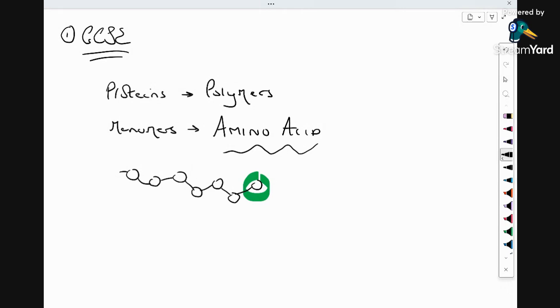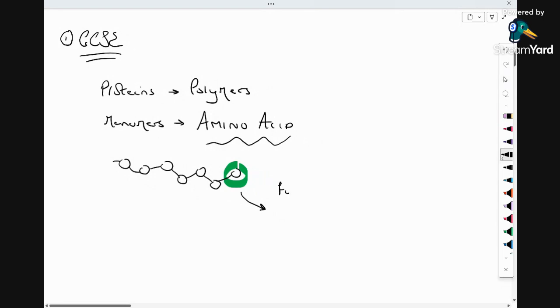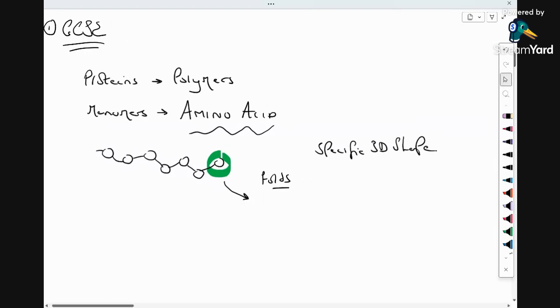And the other thing to remember is that this linear chain of amino acids actually folds up into a three-dimensional structure with a specific shape. Okay, so a specific 3D shape.